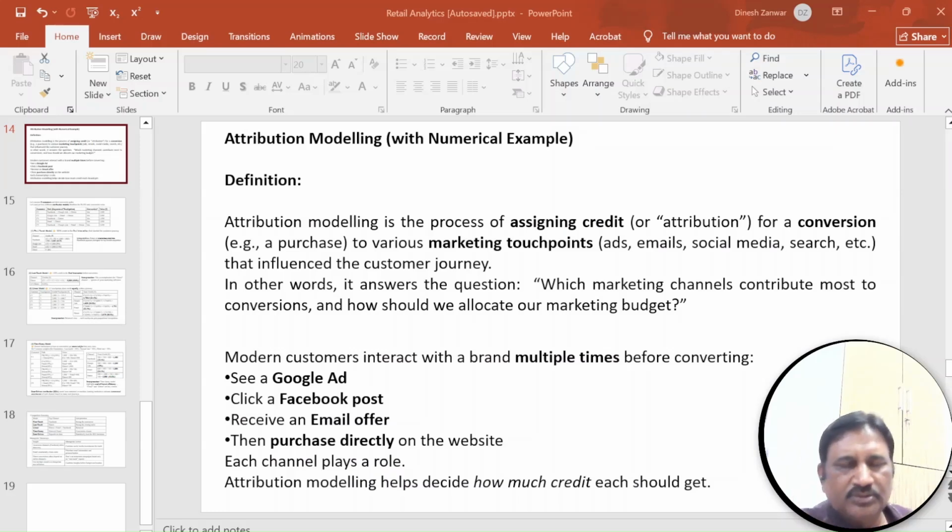So that is A/B analytics. We'll be stopping here, and you are encouraged to look into various analytical tools in retail analytics. This is just a beginning to inspire you to read more. So thank you.